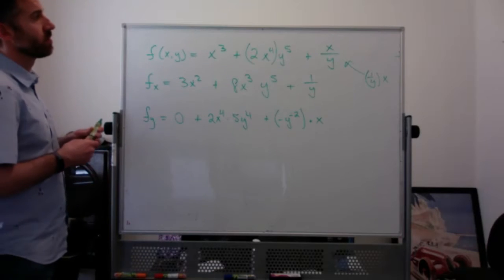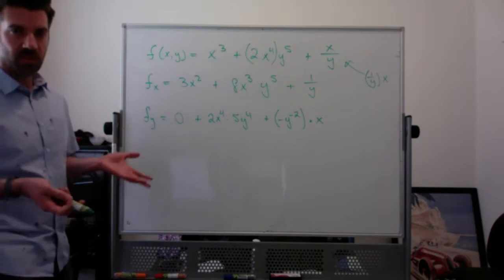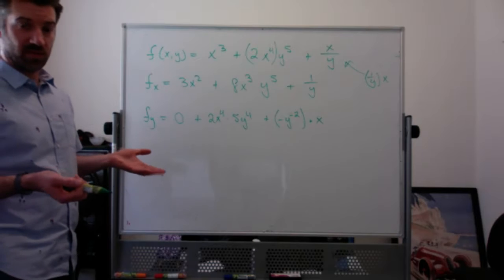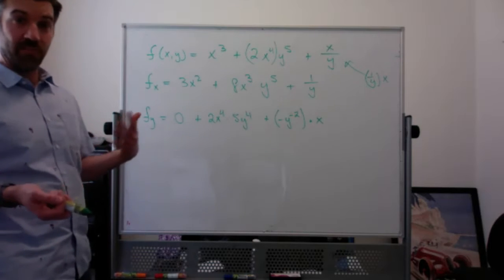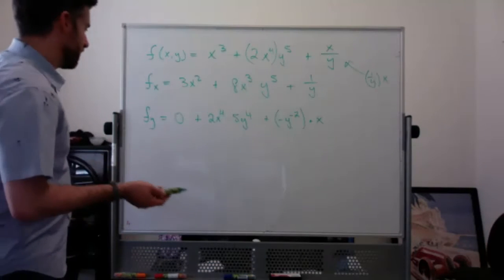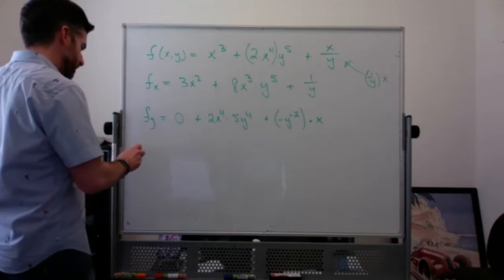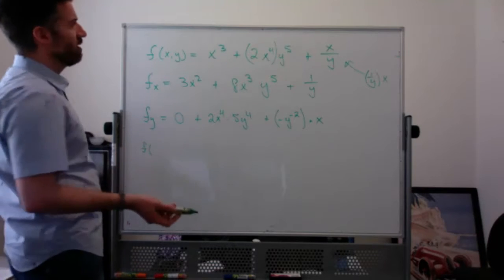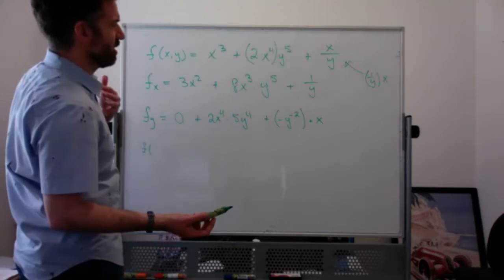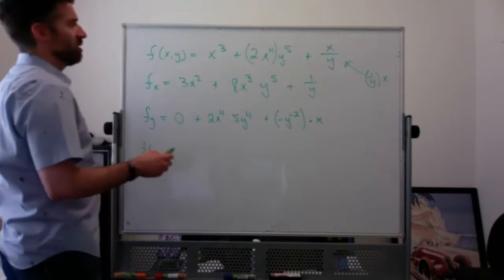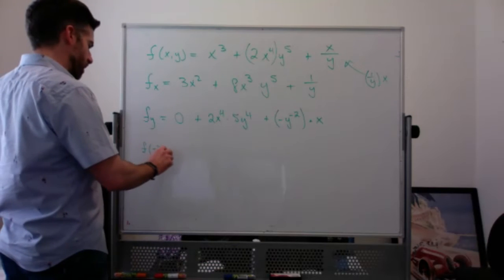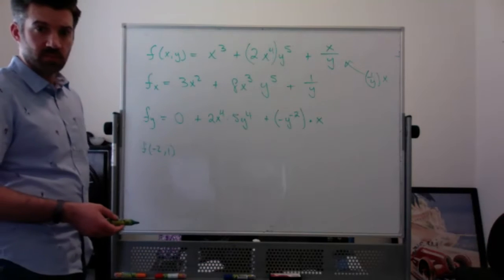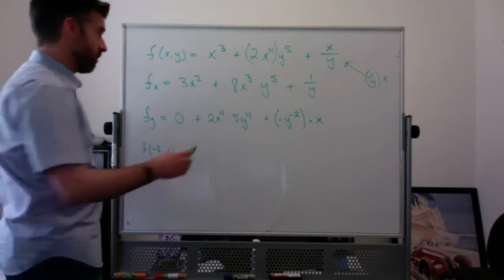Now, typically when people talk about the gradient, they talk about calculating the gradient at a point. So for example, for this function, first let's look at f of, let's make it not too terrible, f of -2, 1. So I'm going to plug in -2 for x and 1 for y.